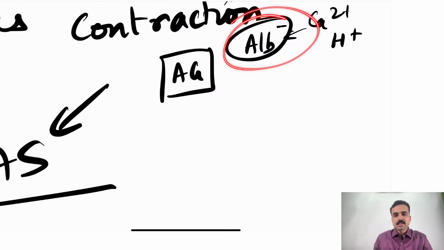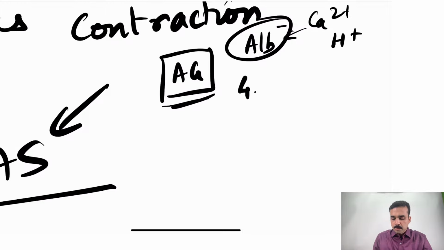So when the albumin levels are low, you need to correct for the hypoalbuminemia in calculating the anion gap. You calculate the difference between 4.5, taken as the cutoff, and the serum albumin of the patient.